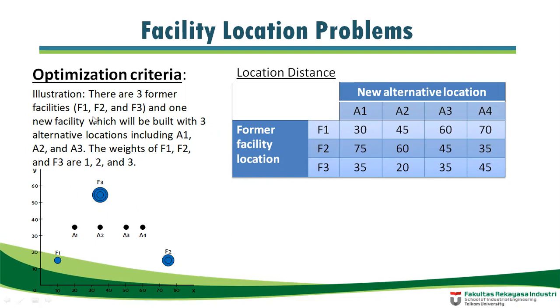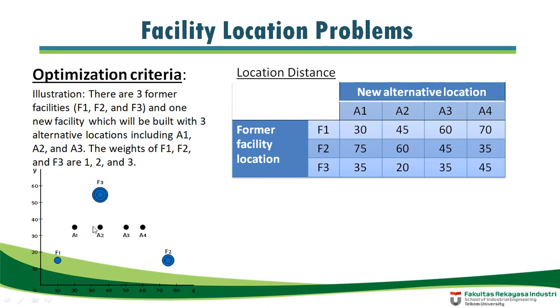So there are three former facilities, F1, F2, and F3, and one new facility should be built, but the location itself considers the three former facilities that are already set in the company or manufacturer.